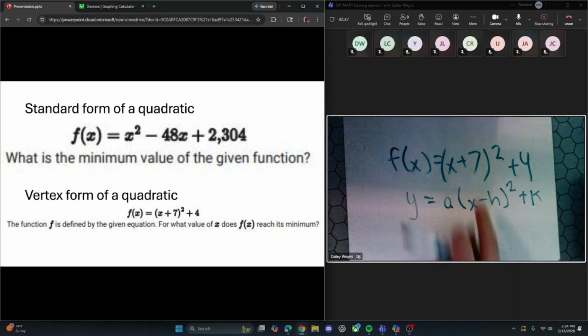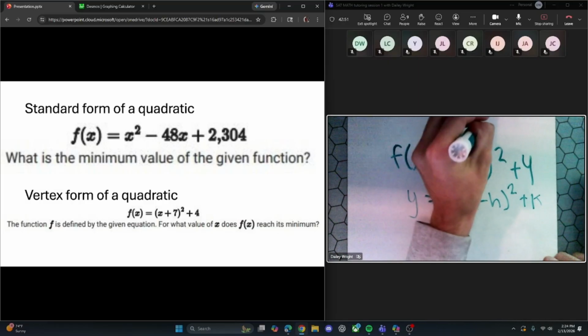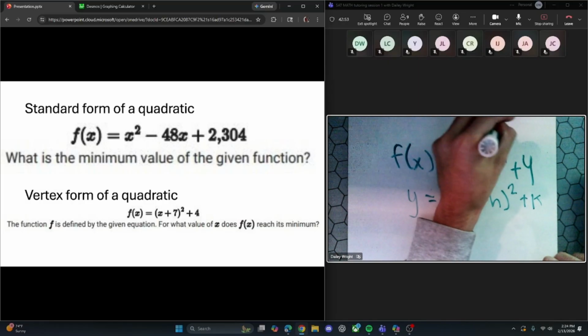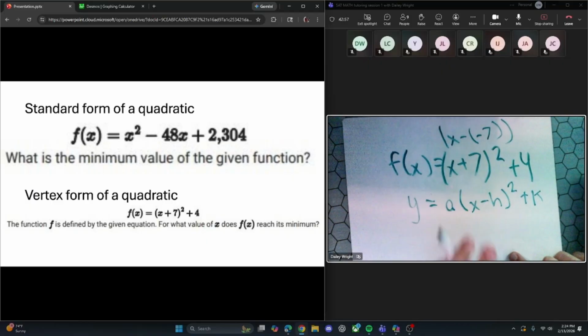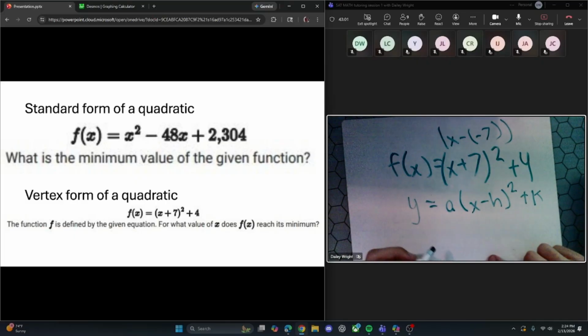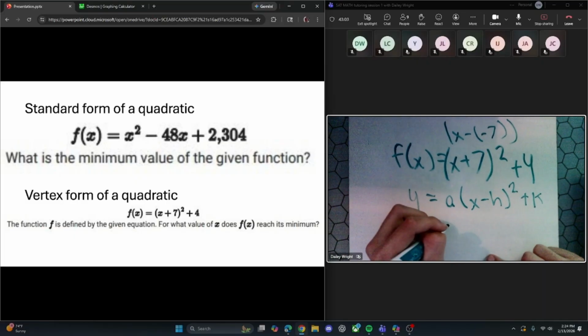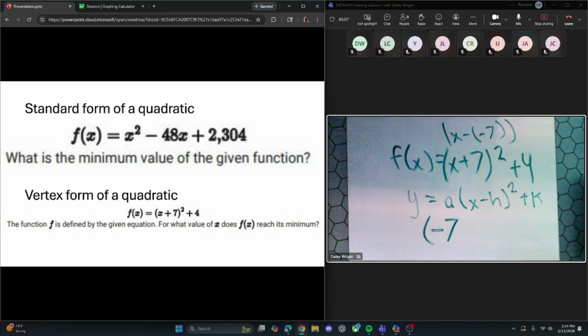Since the 7 is positive here, it is x minus negative 7. That's what it would look like in the original equation, because you have to plug in a negative 7 to get a positive here. So since h is negative 7, the x coordinate of your vertex is going to be negative 7.